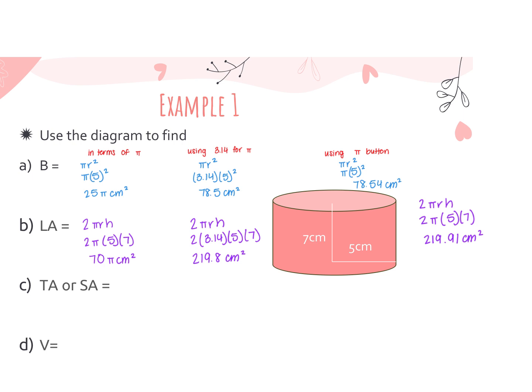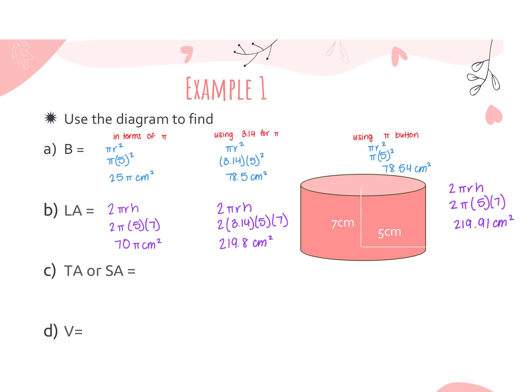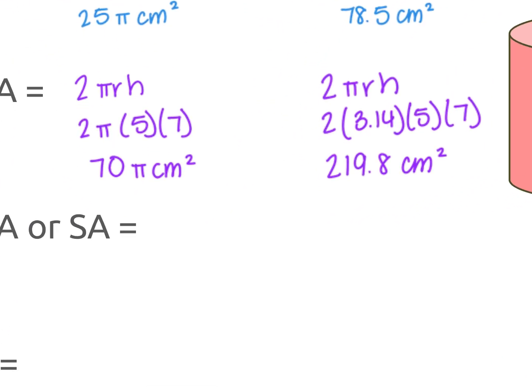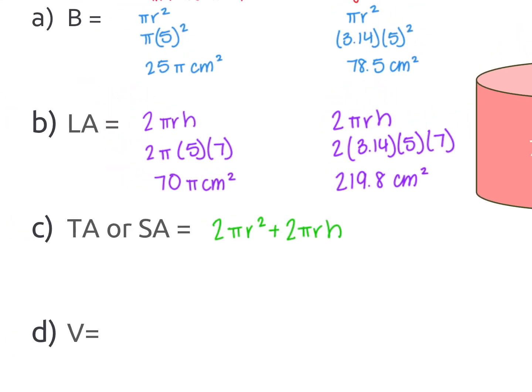All right, looking at the next one, I need total area, which just means the total surface area of this cylinder. The formula for this is 2 pi r squared plus 2 pi r times my height. Plugging in what I have: 2 times pi times my radius squared plus 2 times pi times my radius, which is 5, times my height.